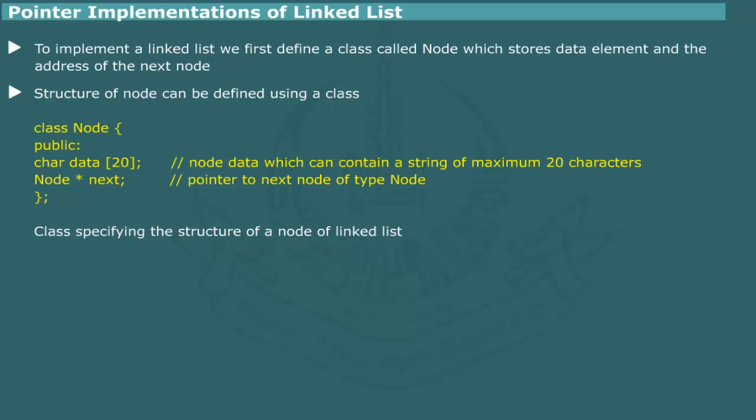Figure shows a typical class named node. Observe that the object represented by the class consists of two components. The first field is meant to hold a character string of up to 20 characters. The actual type and size can vary with application. The second field is a node pointer.